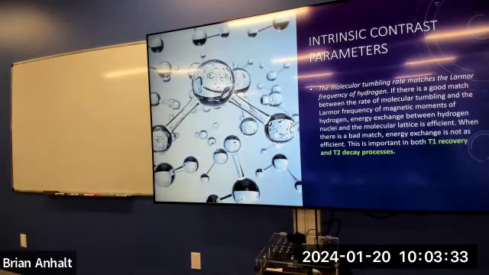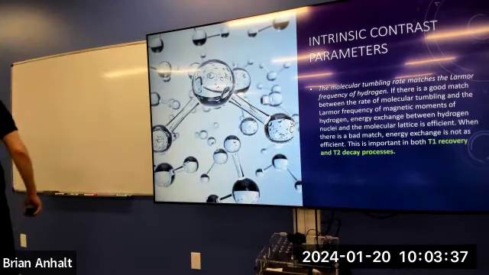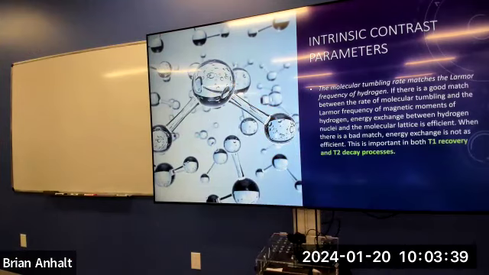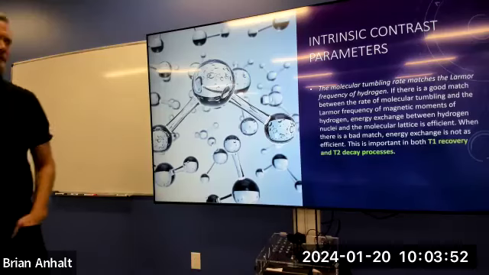So, molecular tumbling rate. This is an intrinsic contrast parameter that affects T1 and T2 decay. So think about the molecular tumbling rate as the vibration on a molecular level. This is not exactly what it is.